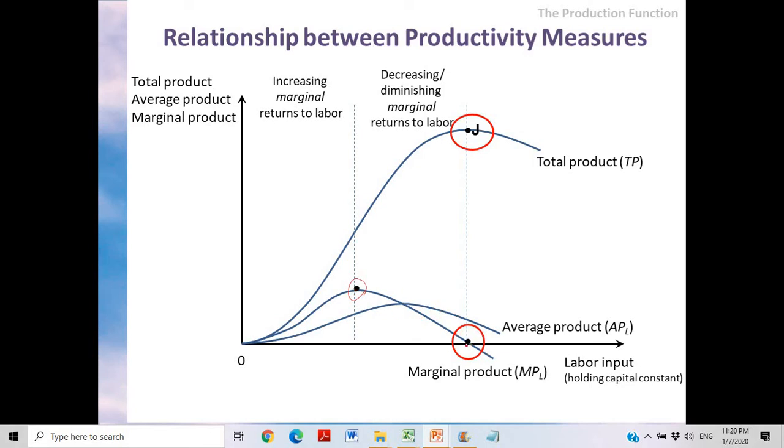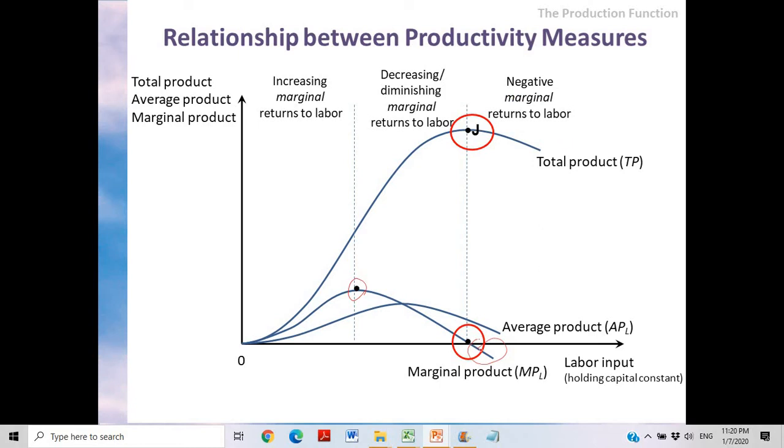When it reaches this level, this phase, we call it negative marginal returns to labor. Why? Because if you look at the marginal product here, it is not only decreasing, but it has reached a negative value. This is why we call it negative marginal returns to labor.